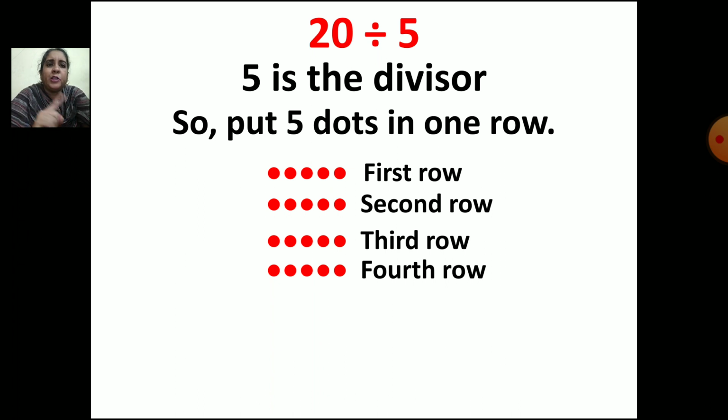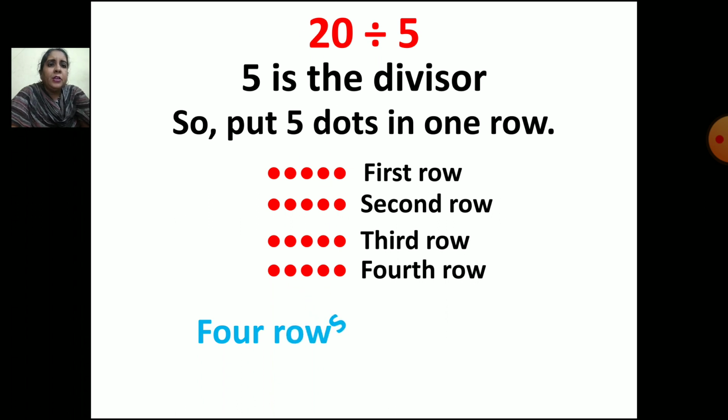And here you should get 20 dots, right? So number of dots, first row, second row, third row, fourth row, you get how many dots? 20 dots, right? So how many rows are formed here? When you are putting 5 dots in each row, how many rows did we get? 4 rows. Understood? First row 5 dots, second row 5 dots, third row 5 dots, fourth row 5 dots. 4 rows are formed.